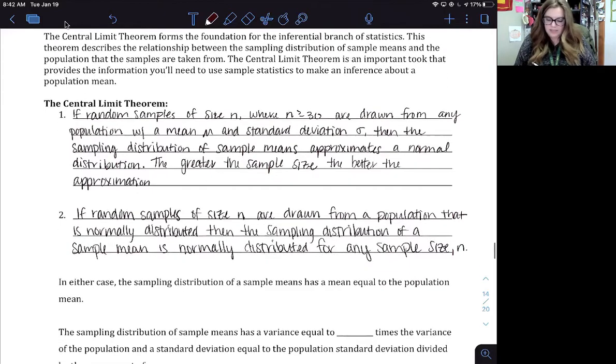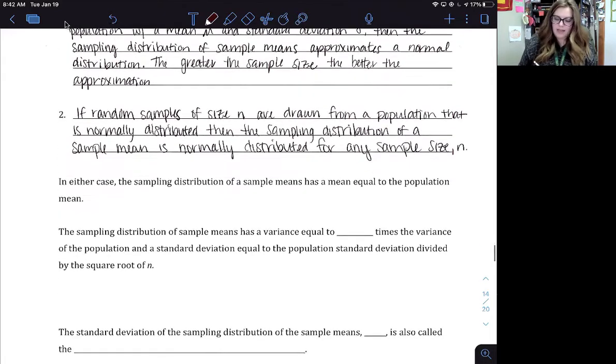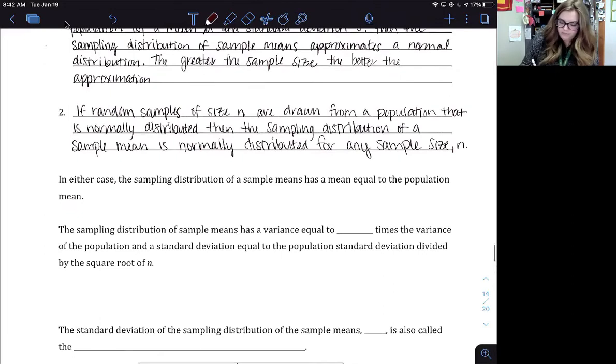So in either case, the sampling distribution of sample means has a mean equal to the population mean. So again, we have our mean of X bars equals mu. And then the sampling distribution of sample means has a variance equal to 1 divided by n times the variance of the population and a standard deviation equal to the population standard deviation divided by the square root of n.